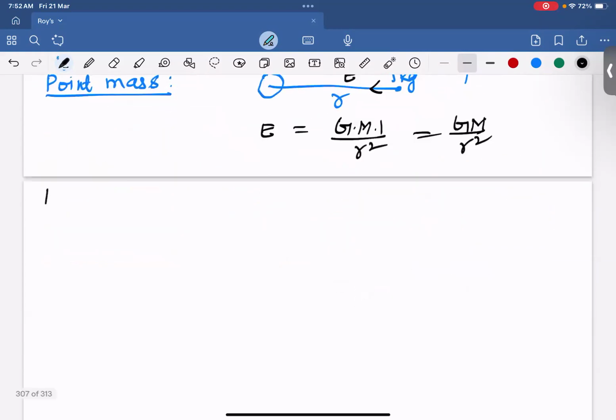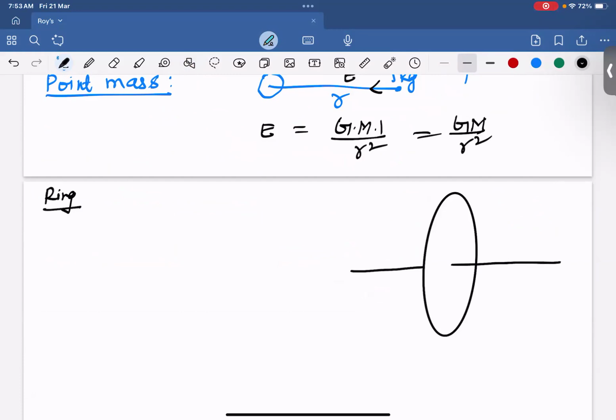If you have a circular ring, let's suppose we have a circular ring like this. In that case, if you are trying to find the field at some point, maybe a ring is having mass m, and this is the radius, and from the center at some distance x a point P is there where you are trying to find the field.